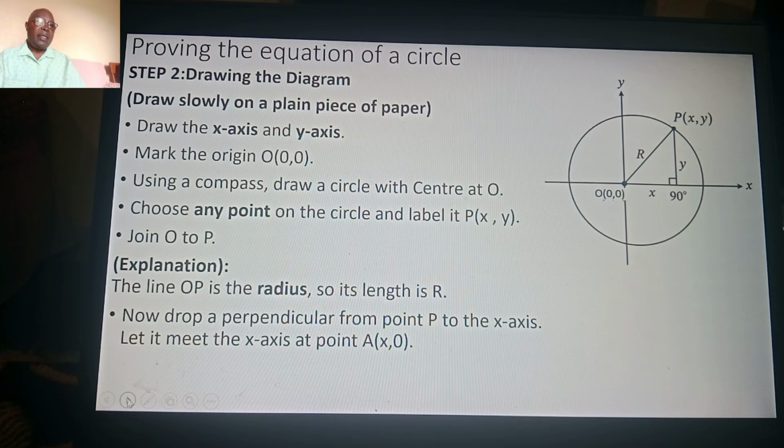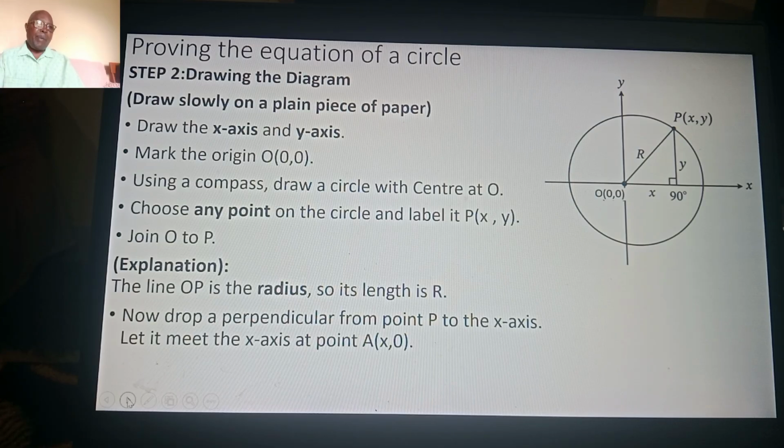Using a compass, draw a circle with center O. Choose any point on the circle and label it P (x, y). Join O to P. The line OP is the radius, so its length is r.